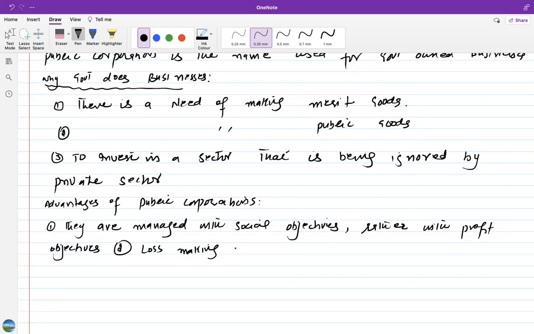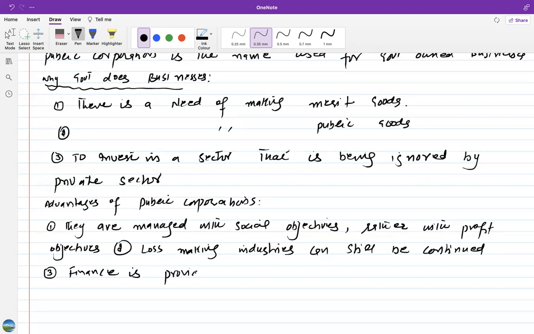But the government sector, the loss-making industries like PIA in Pakistan, like Pakistan Railways in Pakistan, like WAPDA in Pakistan, all of them are loss-making institutes in the businesses, but they can be still continued because they are providing some welfare or some services to the community. Third, they are not worried about finance because finance is raised by the government to run those industries.